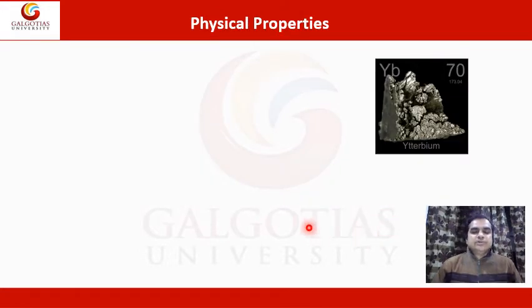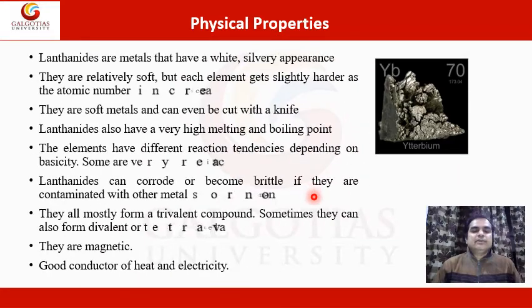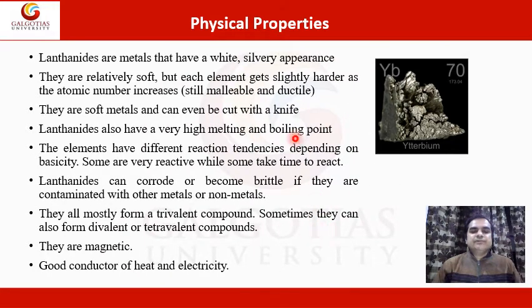Now let us discuss the physical properties of the different lanthanides. Lanthanides are metals with a white silvery appearance. They are relatively soft, but each element gets slightly harder as the atomic number increases, though they are still malleable and ductile in nature.